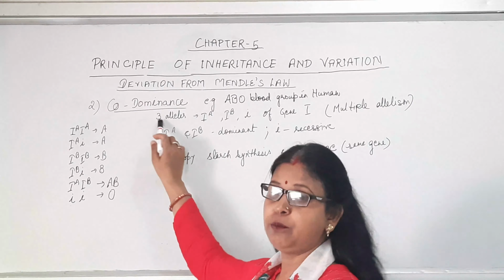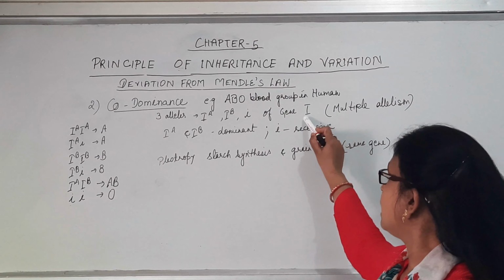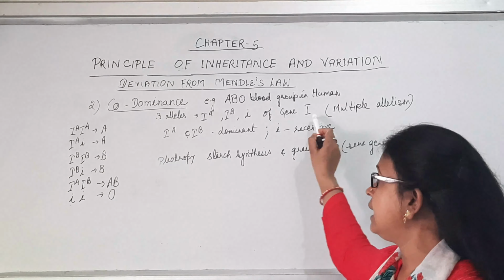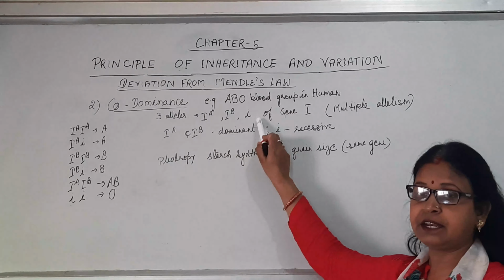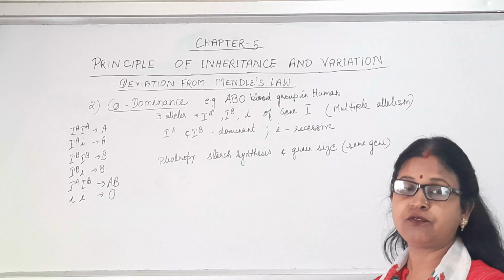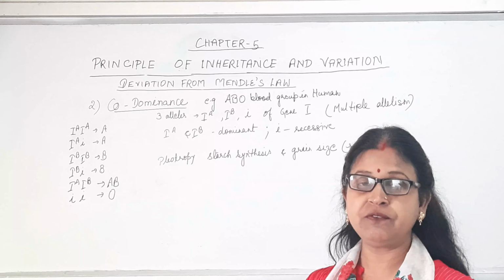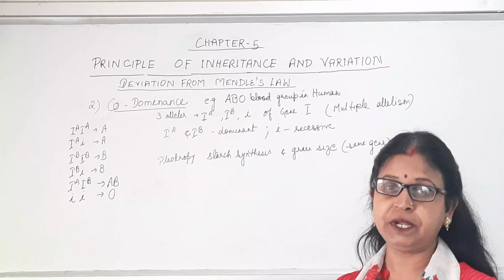When the gene has more than two alleles, then it is known as multiple allelism, and here we can also see that the gene I has three types of alleles: IA, IB and small i. All these three alleles are required for giving rise to different types of blood group in humans.